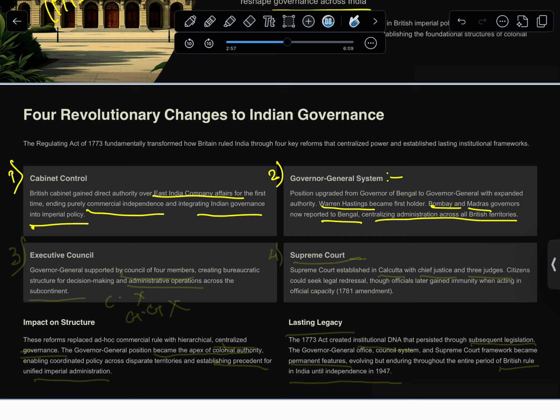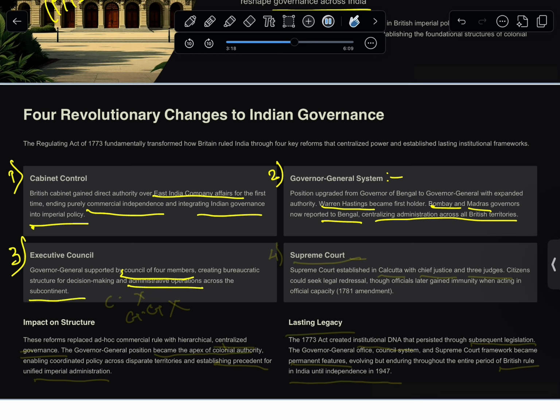The next one is the Executive Council. According to this, the Governor General was supported by a Council of four members. The Council, consisting of four members, was created for administrative operations across the subcontinent.